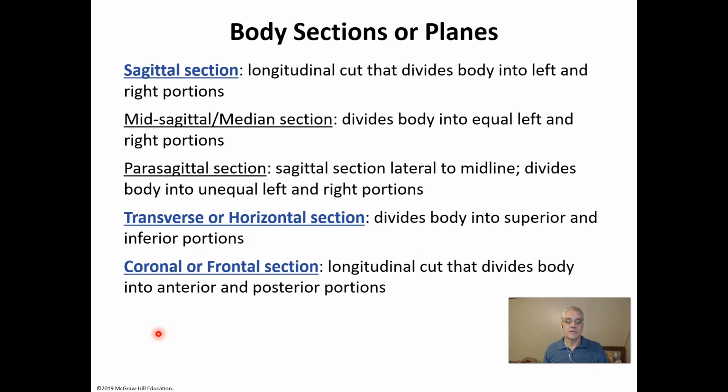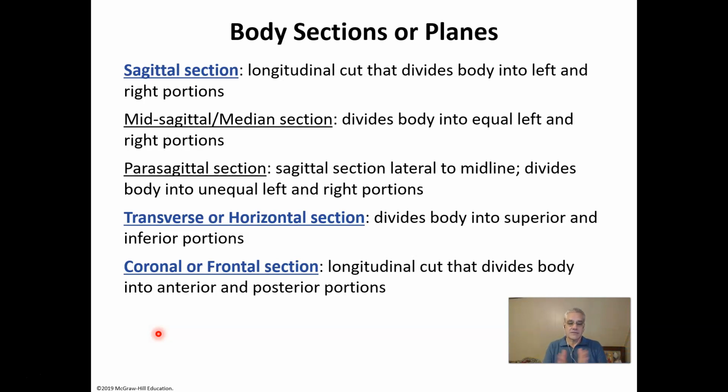We call the plane that goes from the front of your body to the back of your body, the anterior to posterior, we define that as the sagittal plane. If you had a big knife, you could slice me in a sagittal plane, and you would have a left part of my body and a right part of my body.